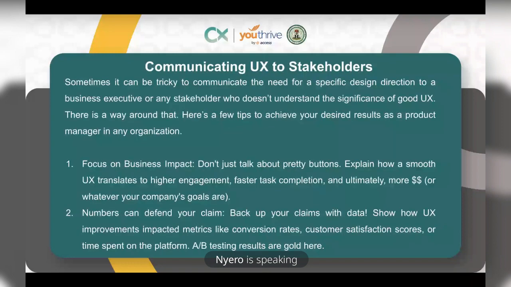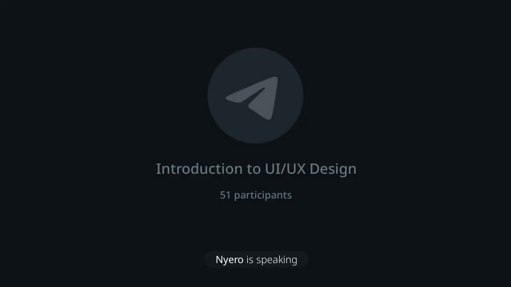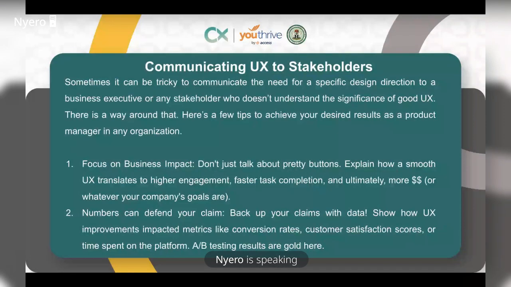Now, communicating with UX stakeholders. Remember, we've learned about stakeholders, we've learned about UI UX, and we know that communication is a very important soft skill that a product manager should hold.